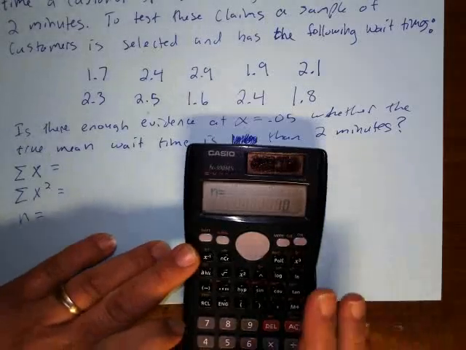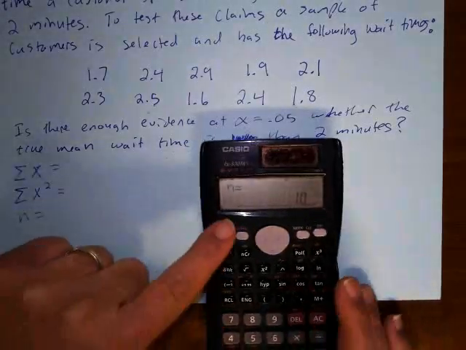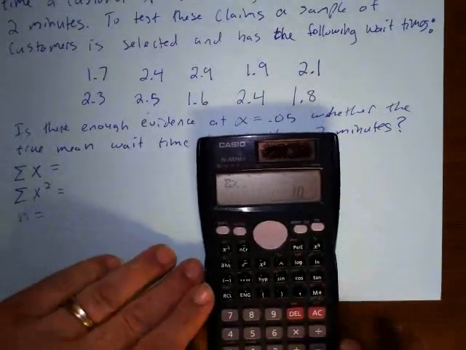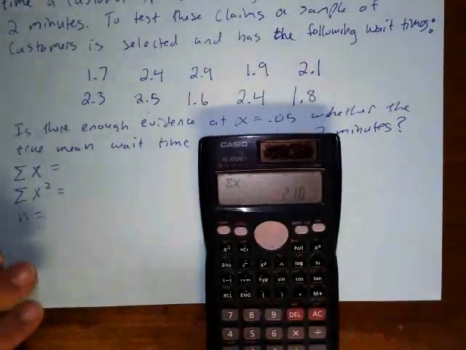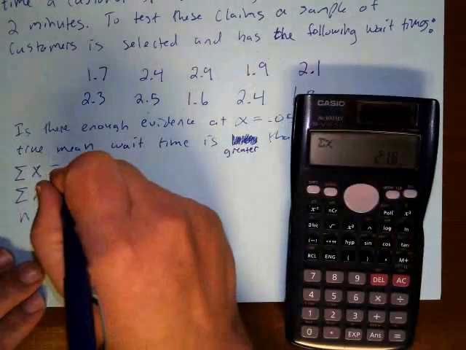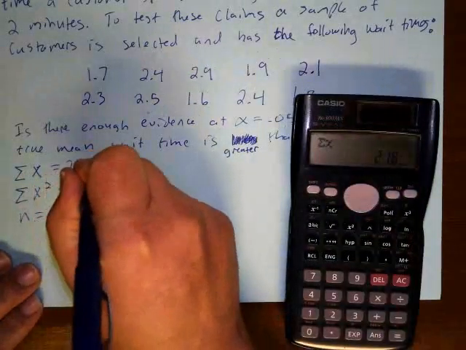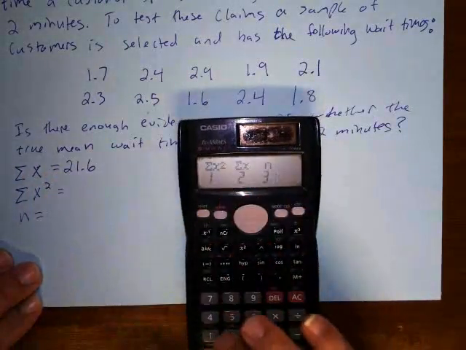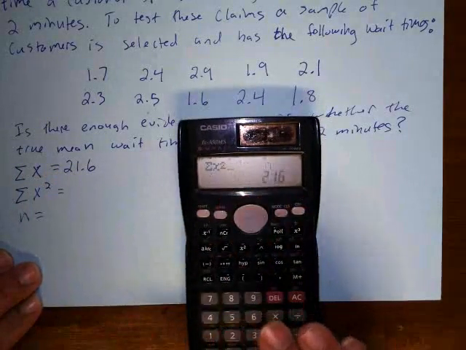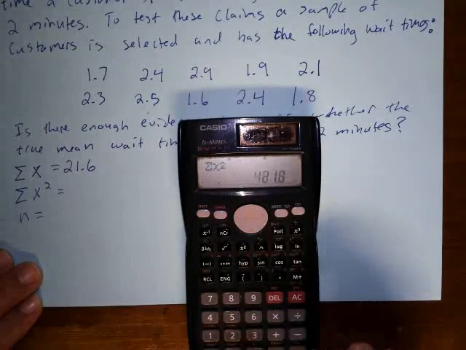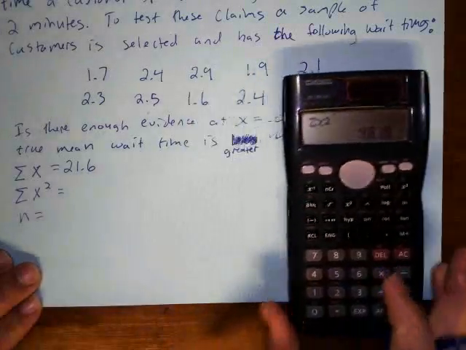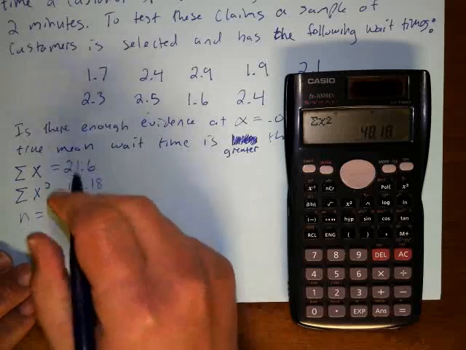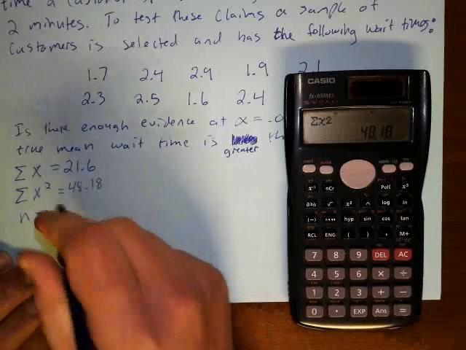So we got 10 values in there. So now to get the sum of x, I'm going to hit shift 1, 2, and I get 21.6 for my sum of x. Okay, shift 1, 1. Now the sum of x squared, I got to hit equals, and I get 48.18. And then my n is 10.